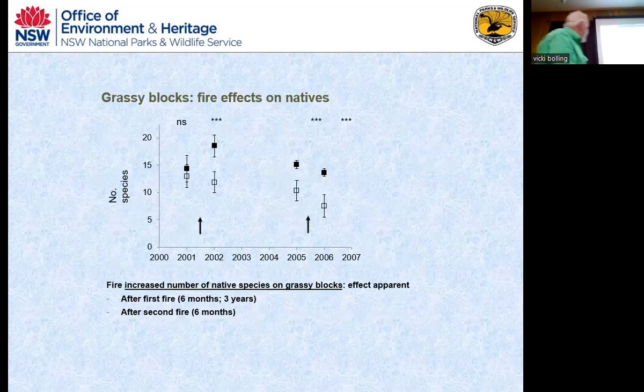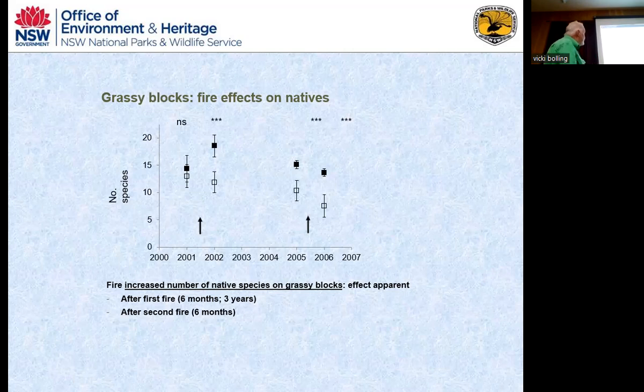Okay. And you can see in terms of the number of native species on the grassy blocks, that once you've had the fire, there's significantly more natives on the burnt versus unburnt, and that's significant.